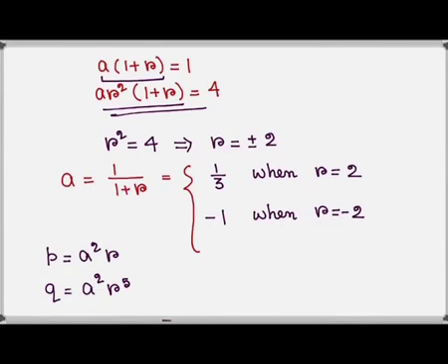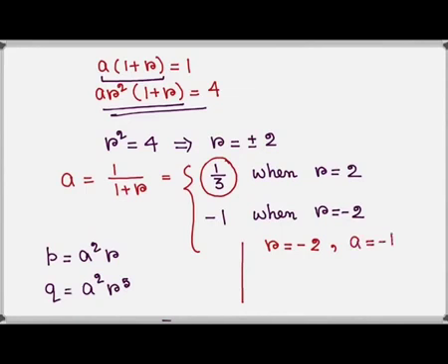Therefore, clearly A is equal to 1 by 3 cannot be a possible choice for A, as we want P to be integer and Q to be integer. So the choice of R is equal to 2 is not possible for us. Therefore R is equal to -2 and A is equal to -1.